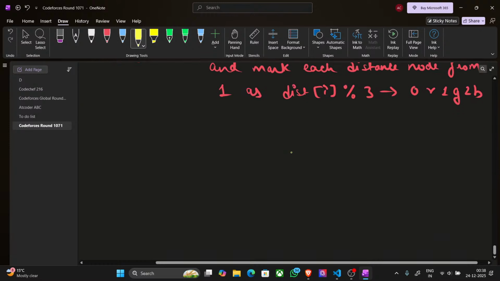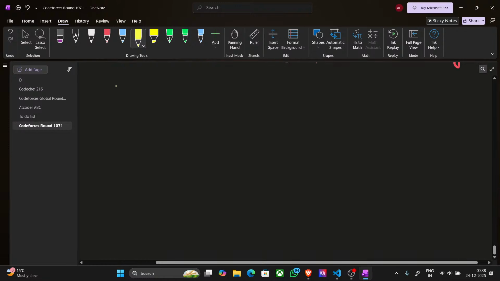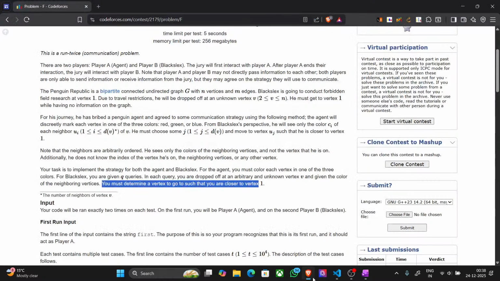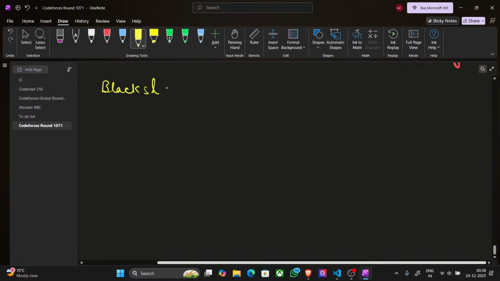What will be my strategy for Black Slacks? How will he define it? His strategy will look like this: if you look closely, while mapping the elements in the graph, I'm starting from 0.